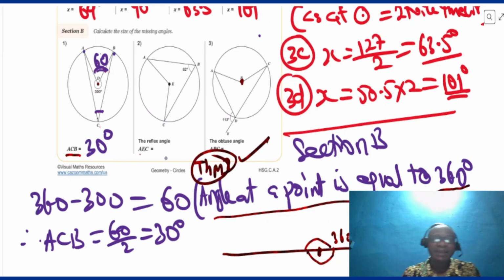Yes, sir. Now, if they say AEC, look at A, look at E, and look at C. Look at where they are asking you to find. Does it make sense? Yes, sir. What will be the answer? I'm asking you.